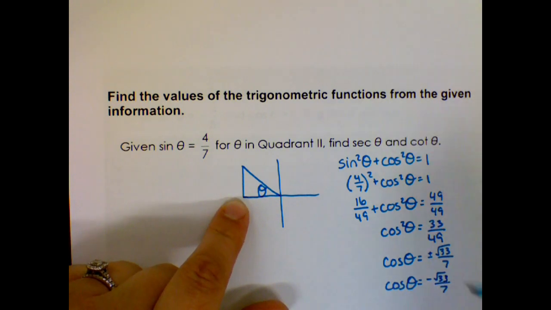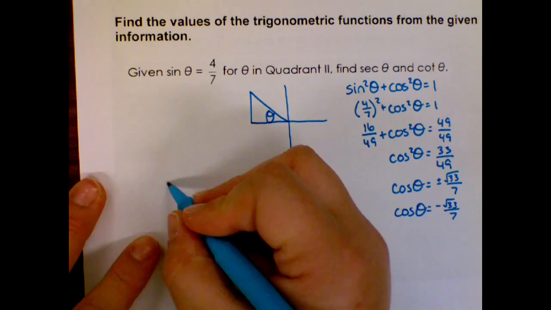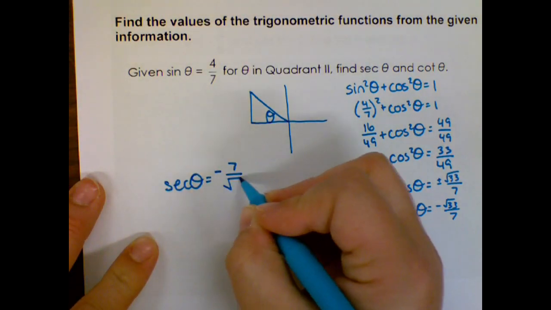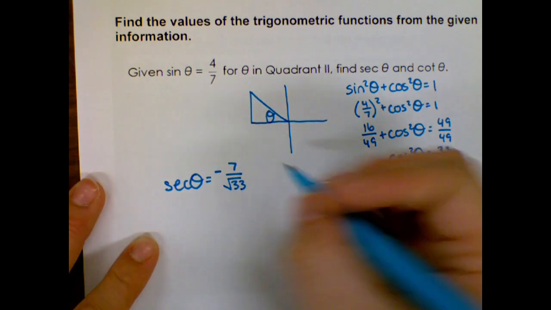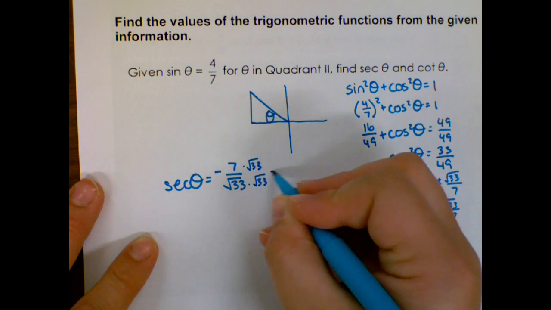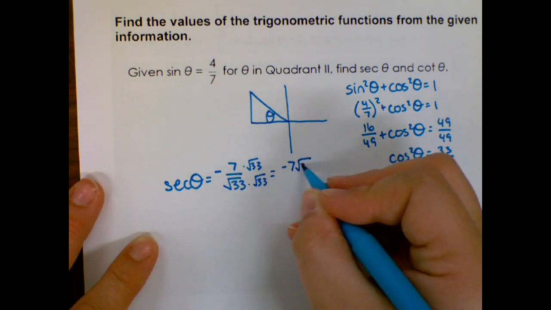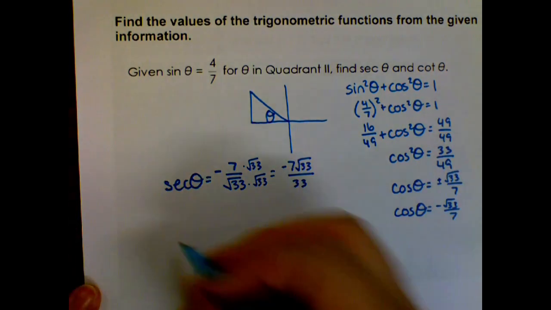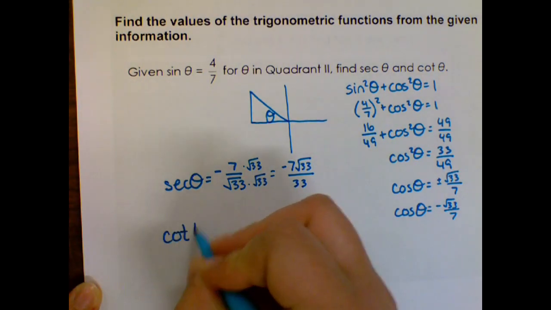So my secant is the reciprocal of that. So the secant of my angle is negative 7 over the square root of 33. Rationalize our denominator. We get negative 7 square root 33 over 33. Our cotangent we can go straight into also.